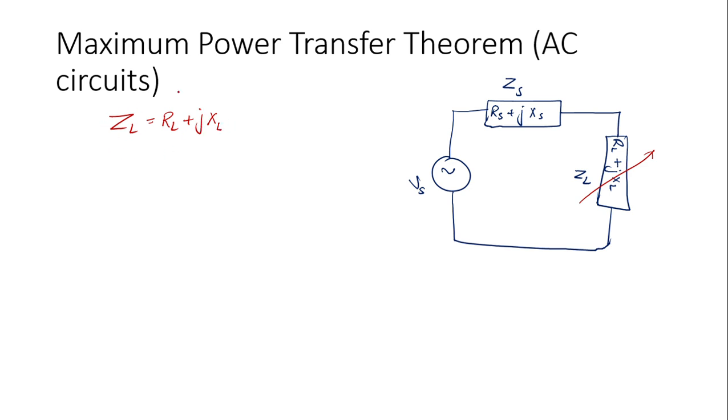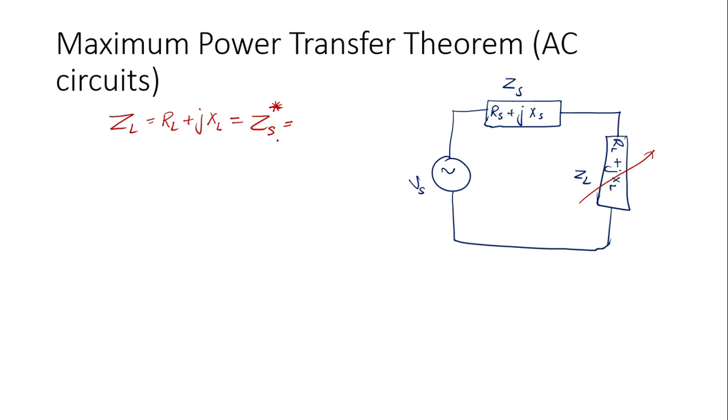And for what value of load impedance will you get the maximum power transfer? When the load impedance is equal to the complex conjugate of the source impedance, you will have maximum power transfer. Zs can be written as Rs plus jXs, so this is the source impedance with the source resistance and source reactance.